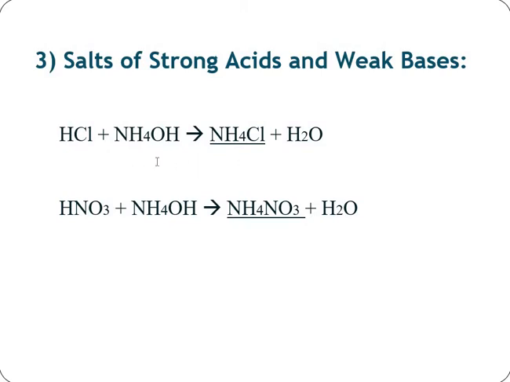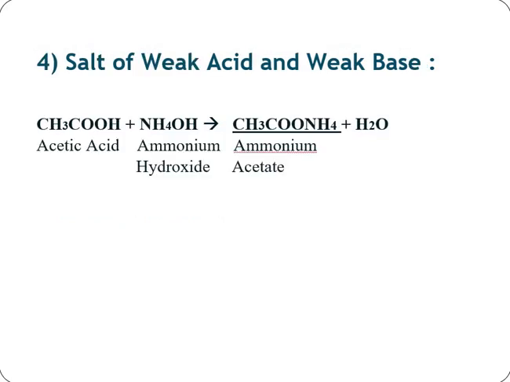Ammonium hydroxide is a weak base. So ammonium chloride and ammonium nitrate are the examples of salts of strong acids and weak bases. You should know at least two examples of strong acids, strong bases, weak acids and weak bases.